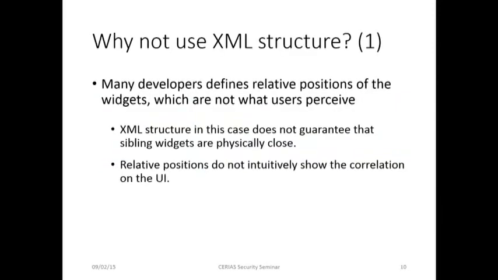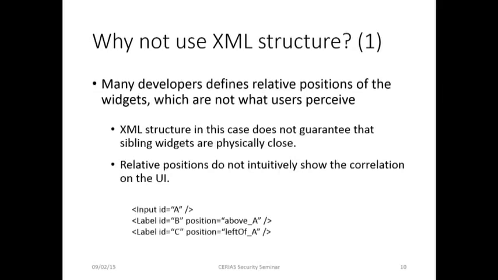Here you may want to ask why we do not use the XML file or XML structure directly to associate the text labels to the input fields. Here are some reasons. Many developers define the relative positions of the widgets, which are not what users perceive. In this case, the XML structure does not guarantee that sibling widgets are physically close, and the relative positions do not intuitively show the correlation on the UI.